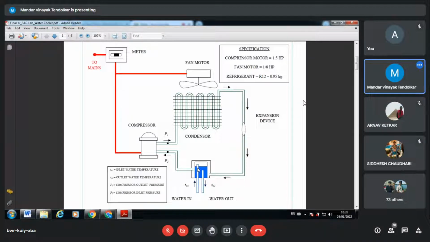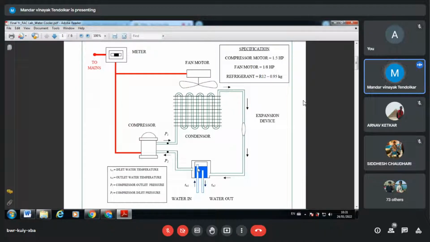Now we assume the first law of thermodynamics to be valid, 100% applicable. Correct? So whatever is the heat rejected by the water, sensible, which we just discussed, m dot Cp delta T, is equal to m dot into delta H, or I should say HFG, for the refrigerant.